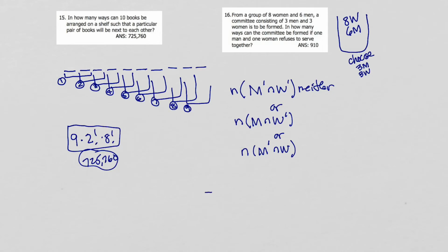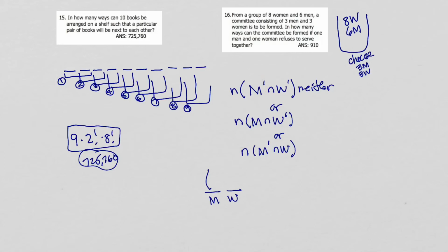Now, the first thing we're going to have here is the very top one. That's going to be this one right here. We don't want the man or the woman. Now how many men are there altogether? There's 6 men, but we're going to toss one of them out, right? We're going to toss the obstinate fellow out.